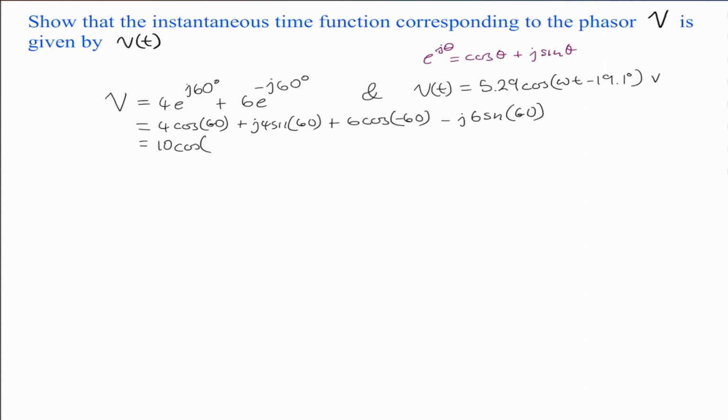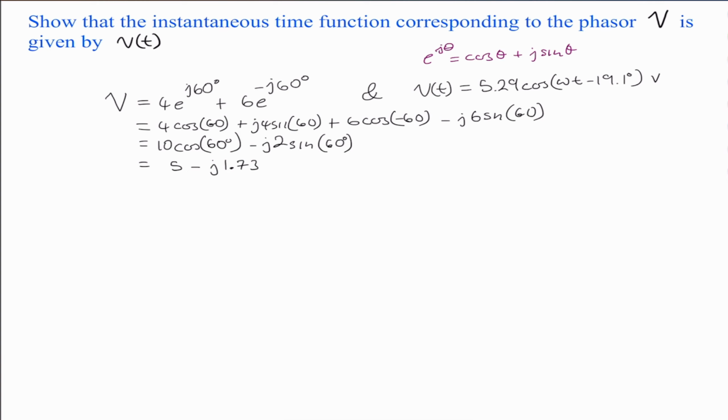So we end up with 10 cosine of 60 degrees minus j2 sine of 60 degrees, since 4 from 6 leaves 2. We then evaluate that, and we end up with a real part of 5 and an imaginary part of 1.73.